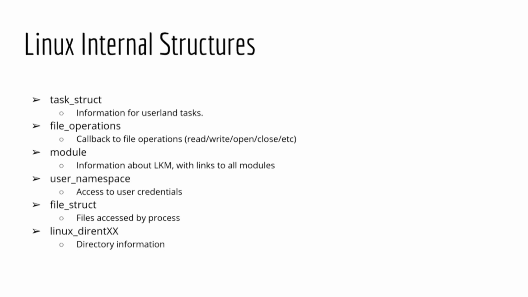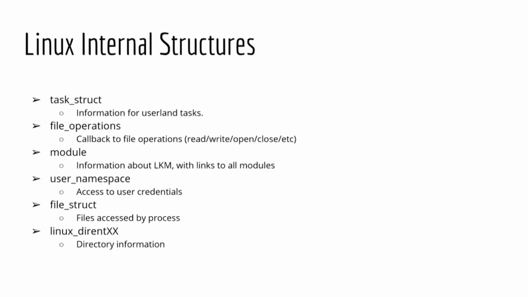We have to support the module structures because the kernel rootkit can access the list of modules inside the system and modify it, for example, they try to hide some kernel modules. So they have to read and write to the list of the modules, and we have to support that as well.